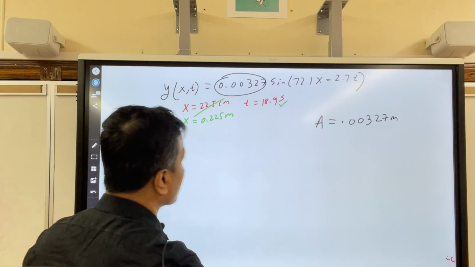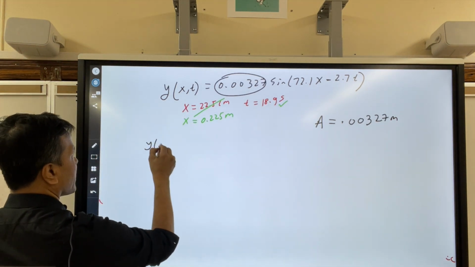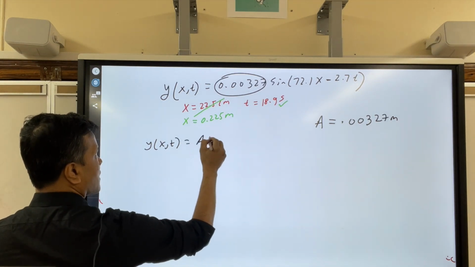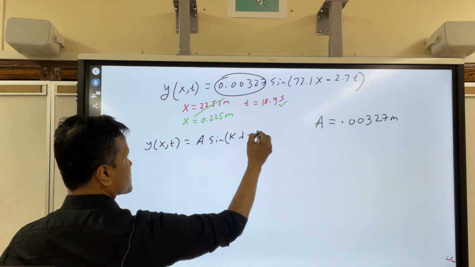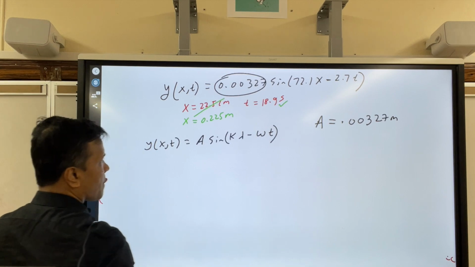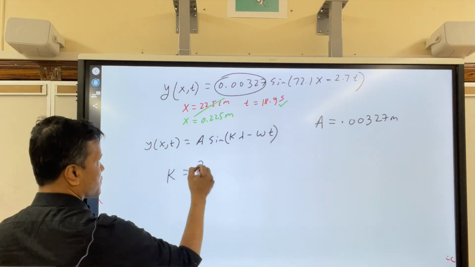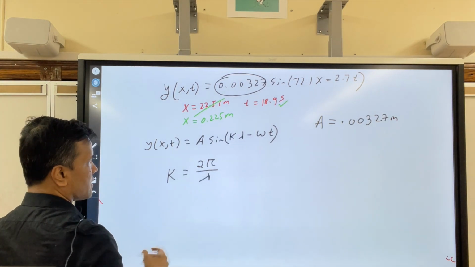Next we're going to find the wavelength, right? So what do you know? y of x comma t is equal to A sine of kx minus omega t, right? So what is k? k is 2 pi over lambda. So I want to find the wavelength.